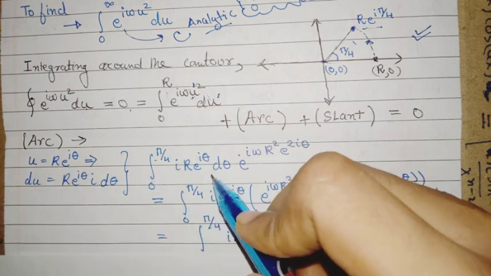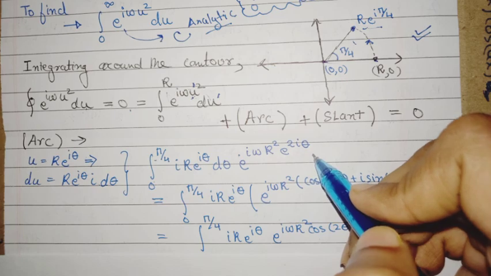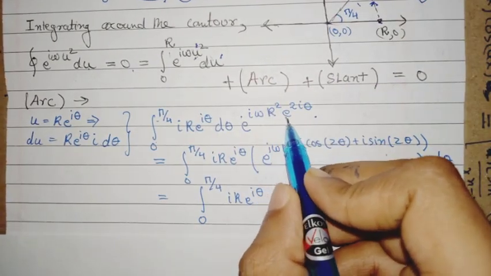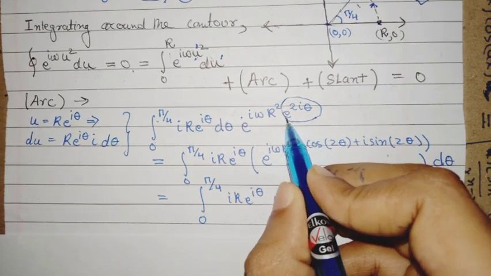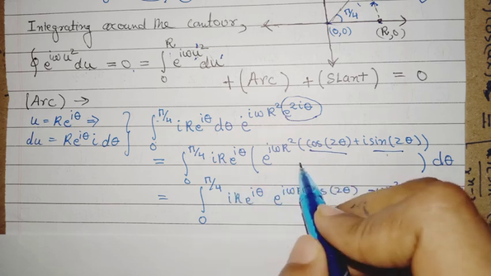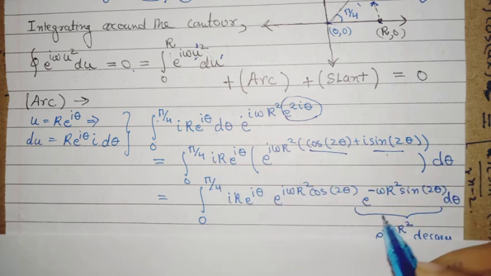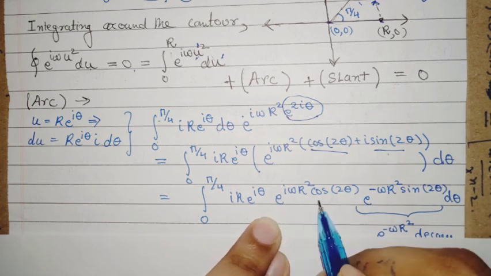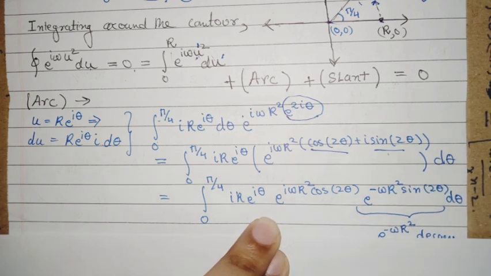The limits go from 0 to pi by 4, and I get this. And then I just split this exponential power into cos theta and sin theta, and then I put this inside. So you can see I have come to this point. Now see, there is a very important point here.